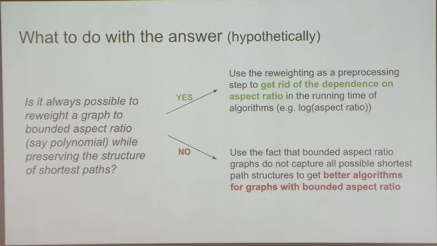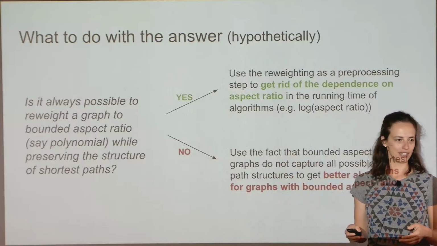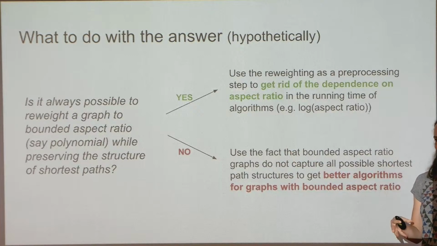And what you might hope to do here is to say, well, if not all graphs can be reweighted down to polynomial aspect ratio, that means that it's only a particular structure of shortest paths that are present in that graph. And so if you're trying to get theorems about graphs with bounded aspect ratio, it turns out that they have a particular structure that maybe you could take advantage of in your algorithm.